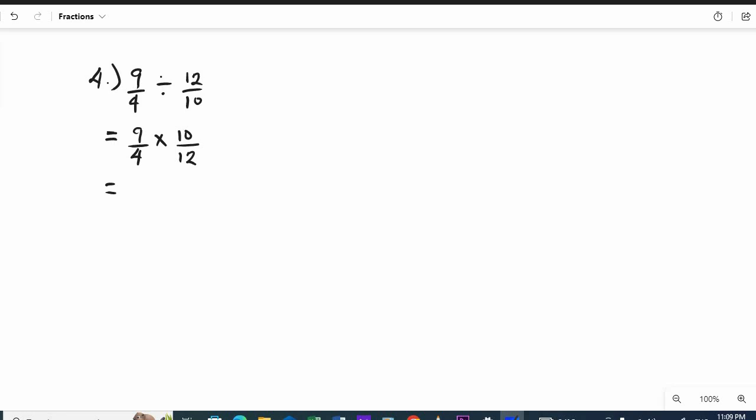The common factor between 9 and 12 here is 3. So 9 divided by 3 gives 3 here, and 12 divided by 3 gives 4 here. And then 2 in 4 gives 2, and 2 in 10 gives 5. So multiplying 3 and 5, we get 15. Then multiplying 2 and 4, we get 8. So 9 over 4 divided by 12 over 10 equals 15 over 8. So this is the answer.